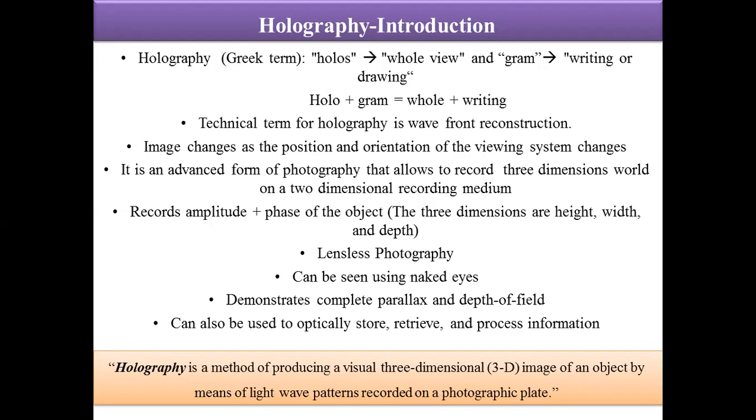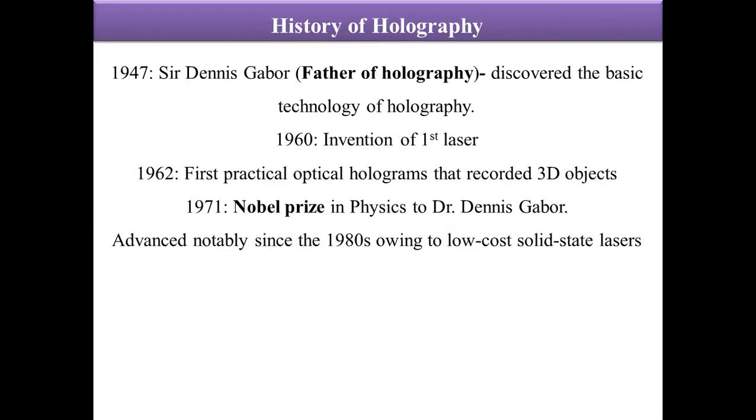Holography is a method of producing a virtual three-dimensional image of an object by means of light wave patterns recorded on a photographic plate. It was discovered in 1947 by Sir Gabor, who is known as the father of holography.